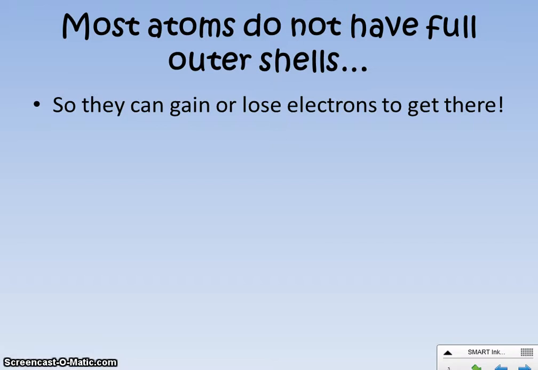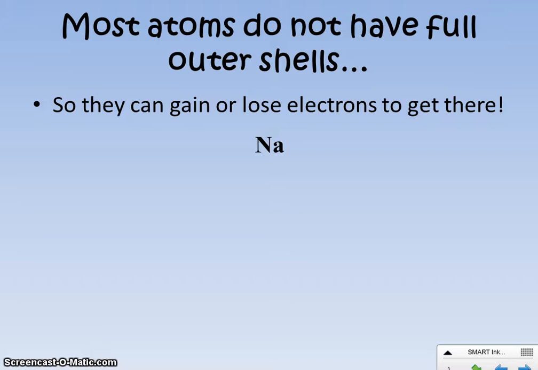But the rest of the 118 elements don't have a natural full outer shell, so they have to work for it. What they do is they can actually gain or lose electrons to get that stable configuration of a full outer shell. So let's look at an example. Let's look at sodium. Find sodium on your periodic table. It is over towards the left. It's in group 1, which is the first vertical column.